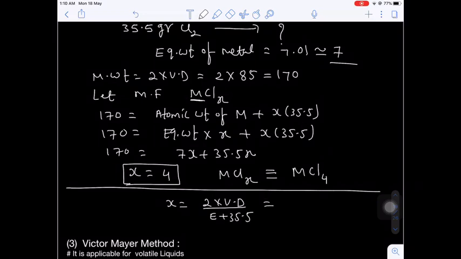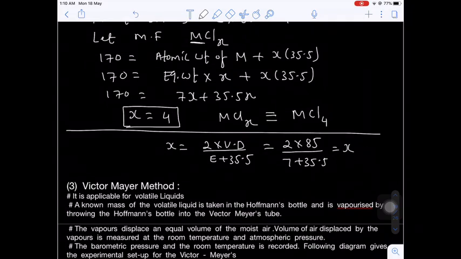With the help of this formula you can directly find it. The E value is 7, plus 35.5, so you can get the X value again as 4. This is called the volatile chloride method. In this method also we can only determine the atomic mass of elements.